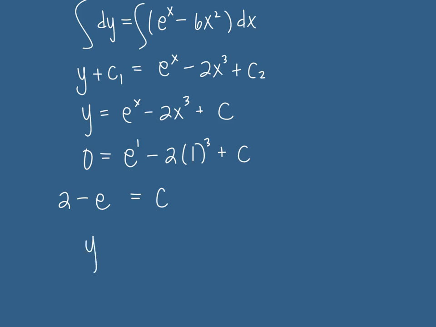And so our overall solution would be y equals e to the x minus 2x cubed plus 2 minus e. And that's the solution to the differential equation.